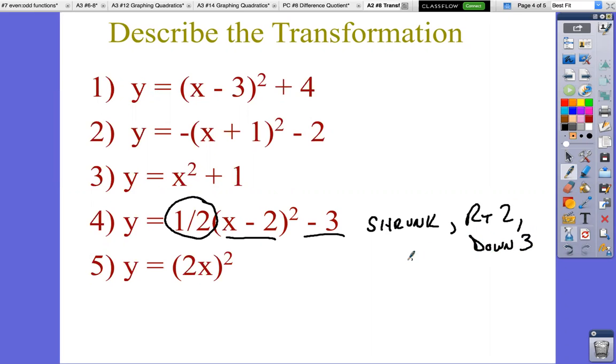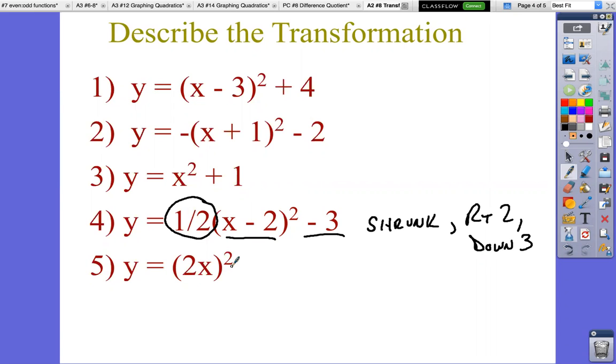Down 3. All right, so number 5, what is different about number 5 than anything else? What's different about it? It has no part. There's a coefficient inside the parentheses.